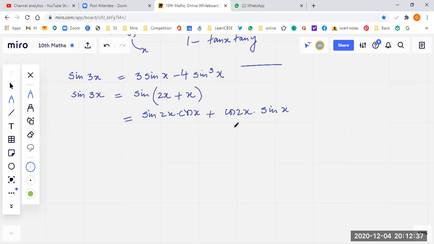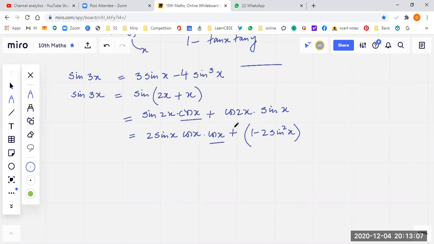Well, this is equal to 2 sine x cos x. See, we've just seen sine 2x is 2 sine x cos x, right? Into cos x, plus, now cos 2x can be written as 1 minus 2 sine square x or 2 cos square x minus 1, right? You've just seen.